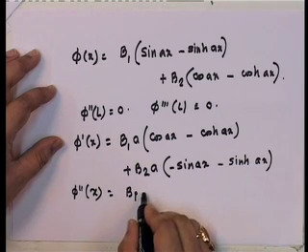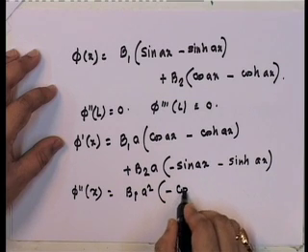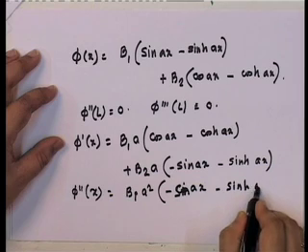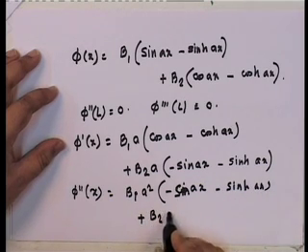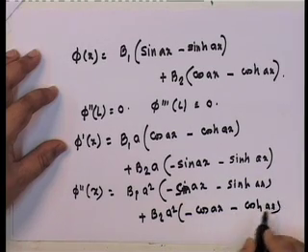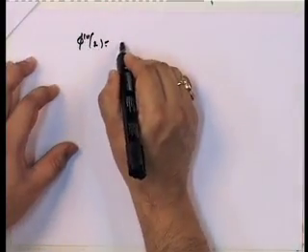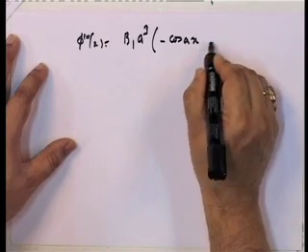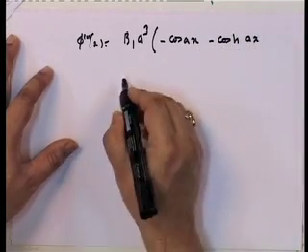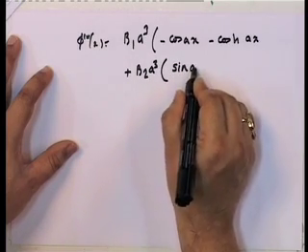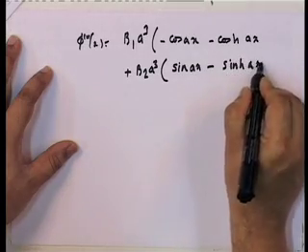Phi double prime is equal to B1 A squared minus sine AX minus sine hyperbolic AX plus B2 A squared minus cosine AX minus cosine hyperbolic AX, and similarly we get that phi 3 becomes equal to B1 A cubed, cosine AX minus cosine hyperbolic AX plus B2 A cubed, sine hyperbolic AX minus sine AX.